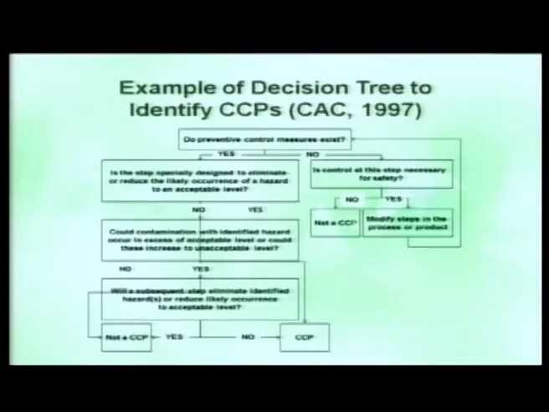Now if I see this particular step of pasteurization, does it add any flavor to it? Does it add any specific things to it? No. But this is a special step which has been added so that it can reduce the hazards to an acceptable level. So this is a special step and it can straight away become a CCP instead of going through the remaining questions.